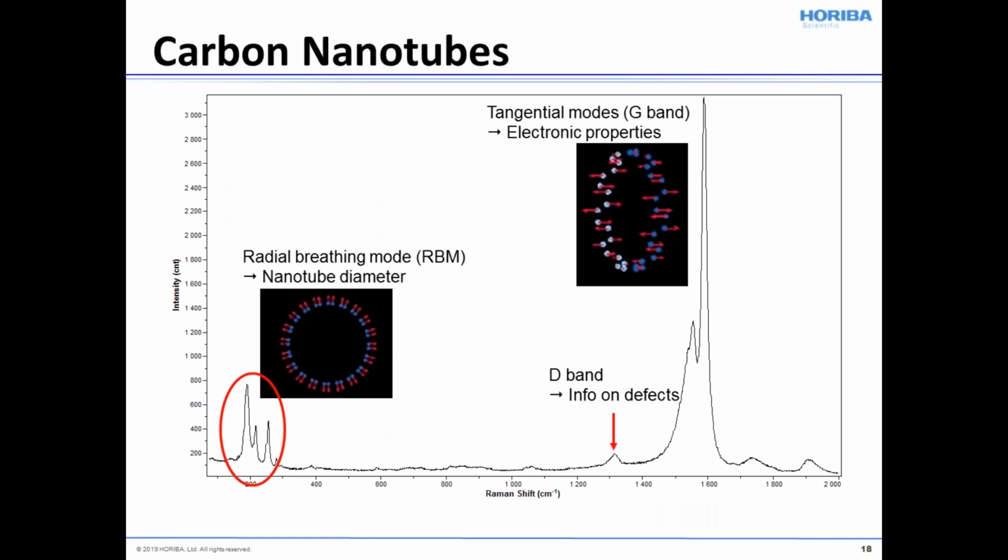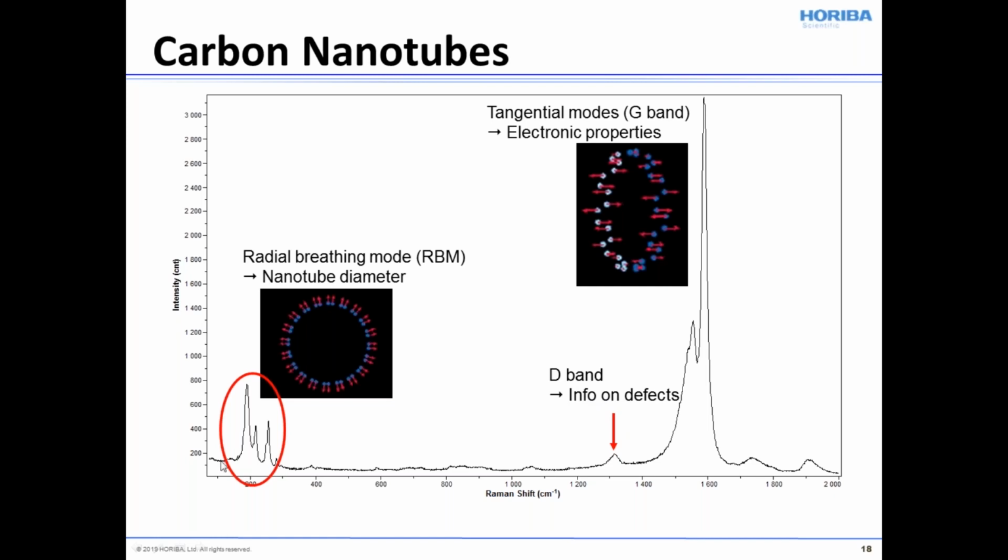Carbon nanotubes. Now, these are, in recent years, technologically important compounds. There's a lot of development being made in them for different purposes, for strength, but also electronic properties. And the vibrational modes out in the fingerprint region can be correlated to, as you see here, the electronic properties, the G band. And the D band gives you information about the defects in the structures of these nanotubes.